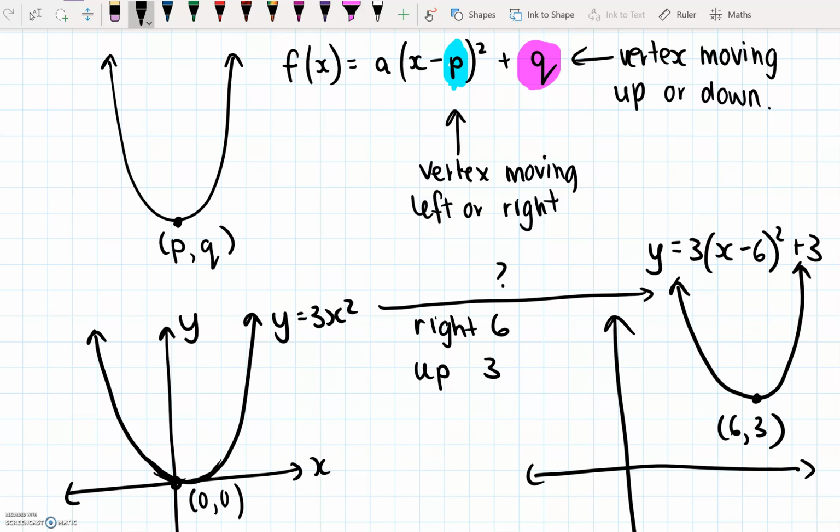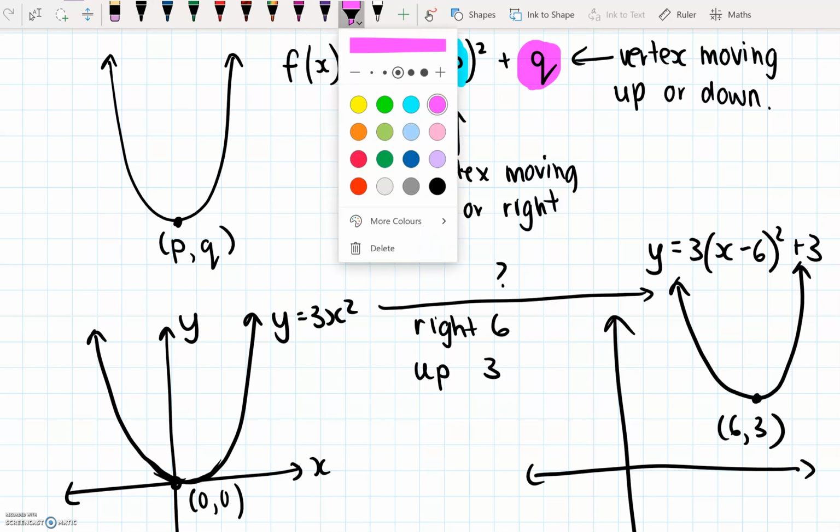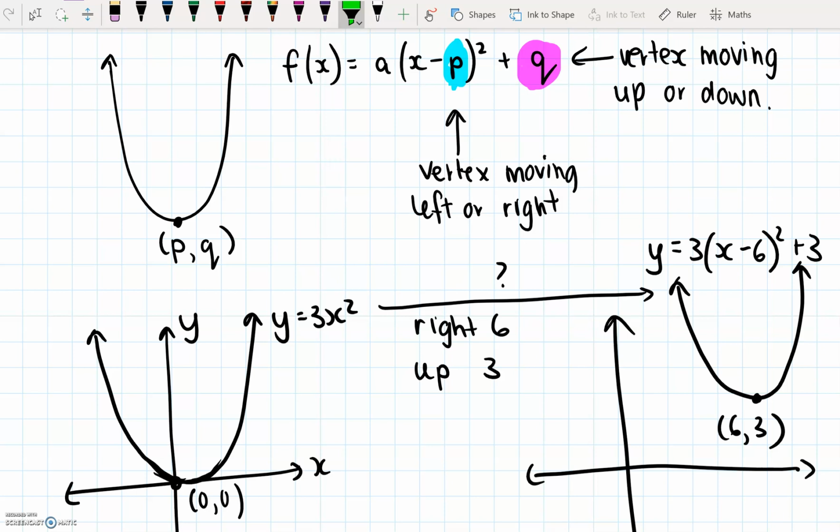Now you just have to keep that in mind. It's really easy to just try and remember that the x is the opposite of what you expect. We move it to the right, so we always expect that's going to be positive. But because in our formula up the top here for the vertex we have a minus, if we move it to the positive, that minus will stay a minus. If we moved it left, then p would be negative, and then you have x minus negative p, which becomes x plus p.